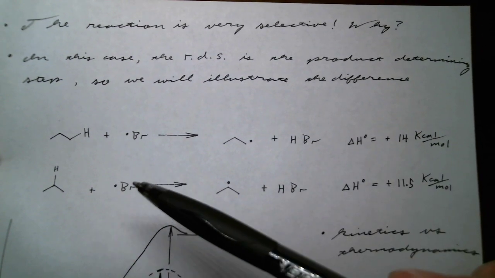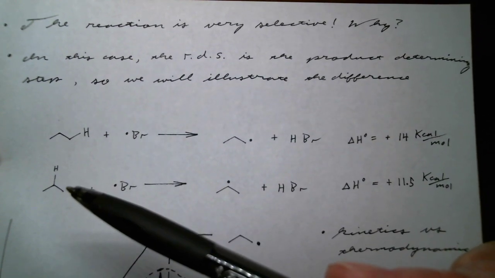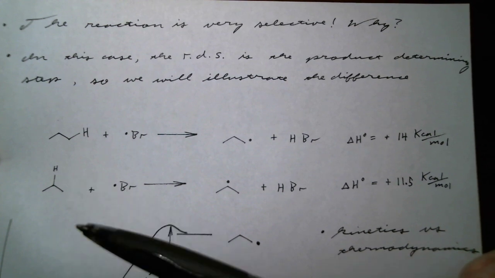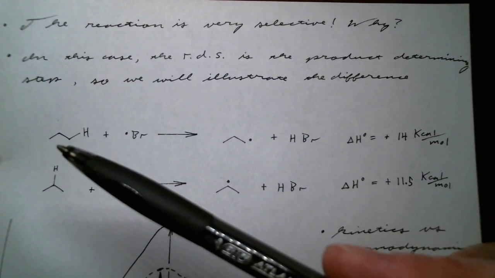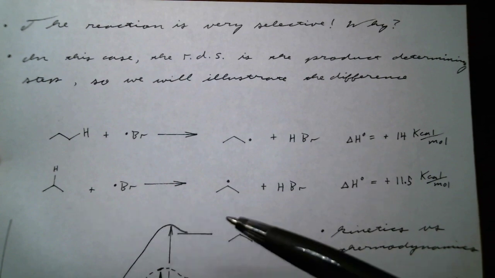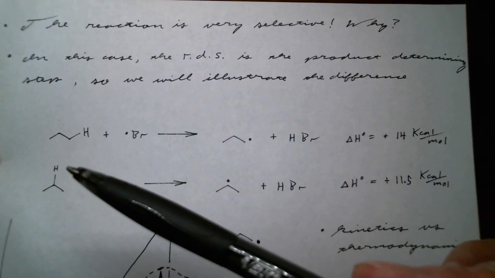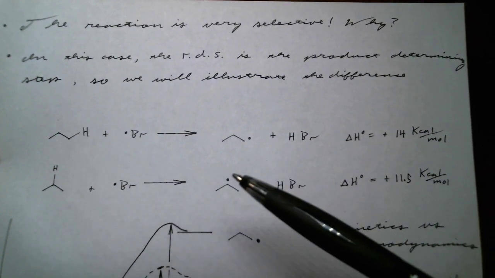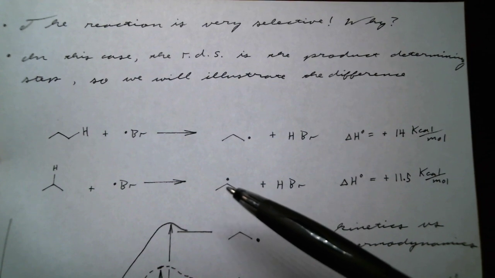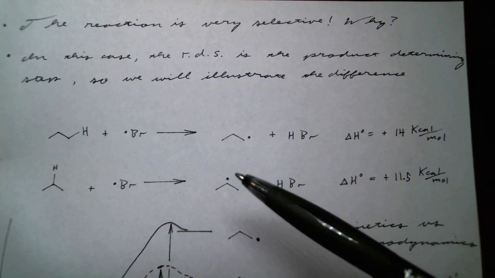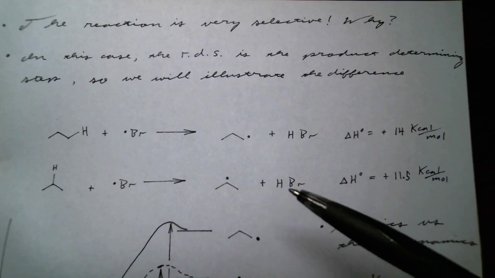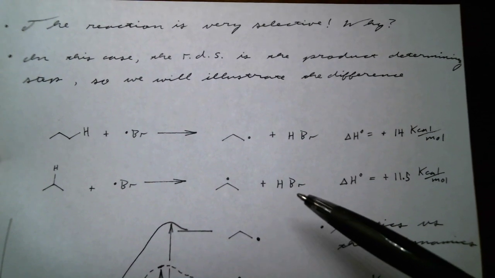Or our bromine radical could bump into the propane molecule and abstract a secondary hydrogen, one of 2. I've only drawn 1 there, but I know that you know, after we abstract that and leave a radical behind there, there is still 1 other hydrogen attached to that carbon. And of course, we're producing HBr.